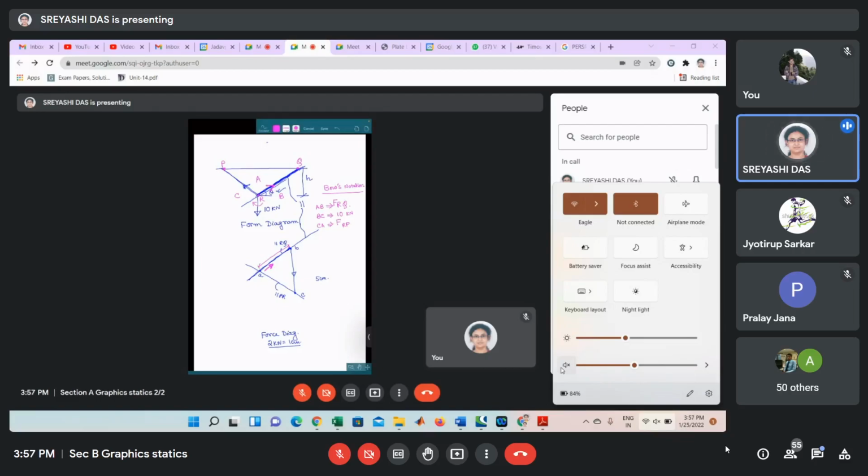Similarly, in this force diagram, if we measure the magnitude of AC, A to C means this direction. But in terms of space, the name of the force in RP is CA, isn't it?